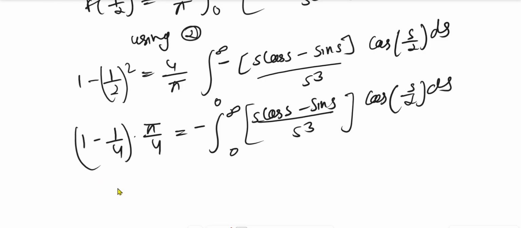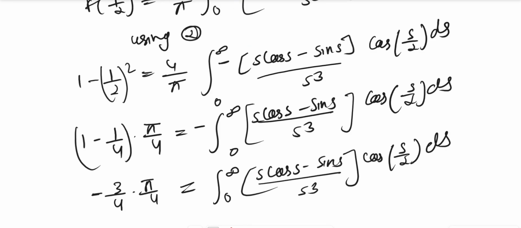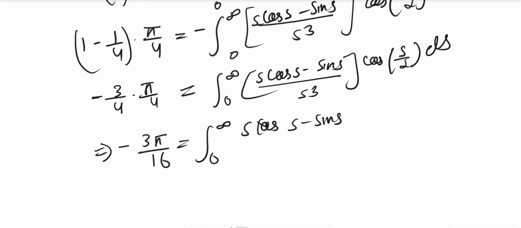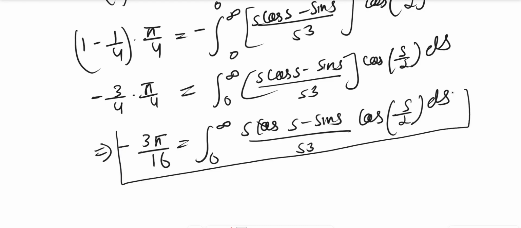So this becomes 1 minus 1 upon 4 multiplied by pi by 4 is equal to minus integration from 0 to infinity of (s cos s minus sin s) divided by s cube multiplied by cos s by 2 ds. Simplifying, it is 3 by 4 multiplied by pi by 4, remove the minus from here, take minus here, is equal to integration 0 to infinity of (s cos s minus sin s) divided by s cube multiplied by cos s by 2 ds. So this is equal to minus 3 pi by 16, which is the final value of this integration.